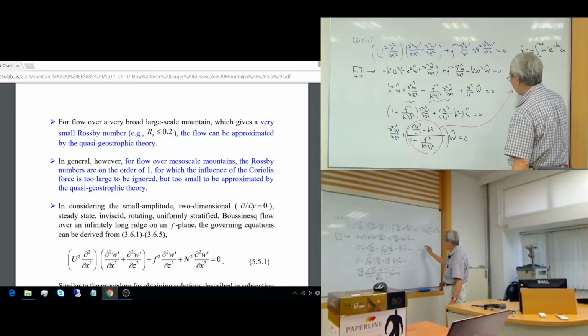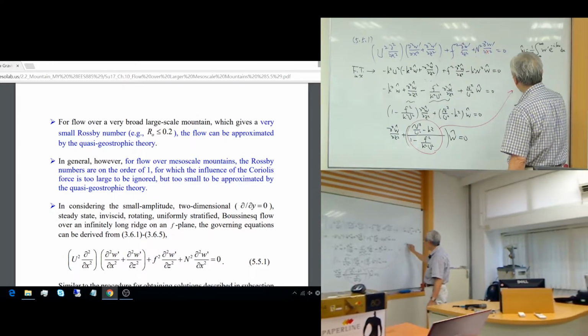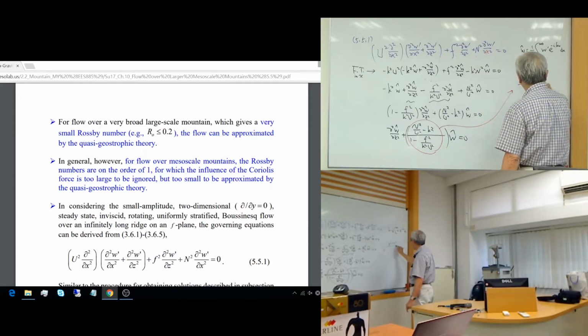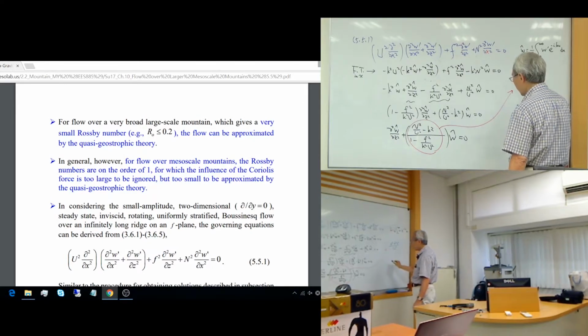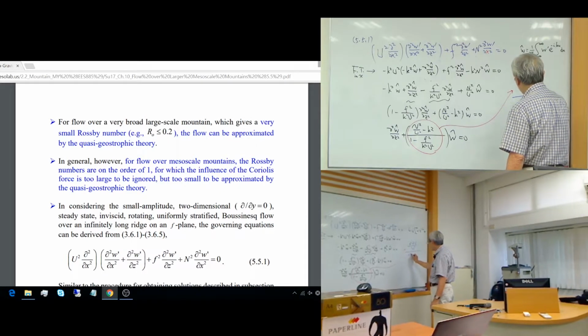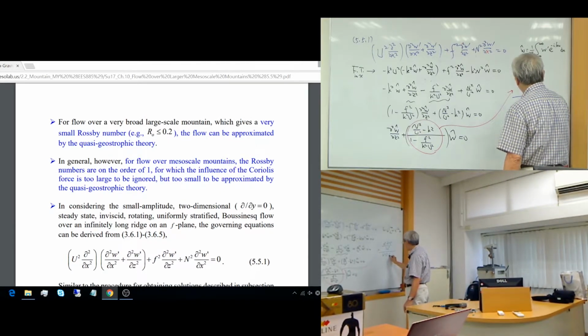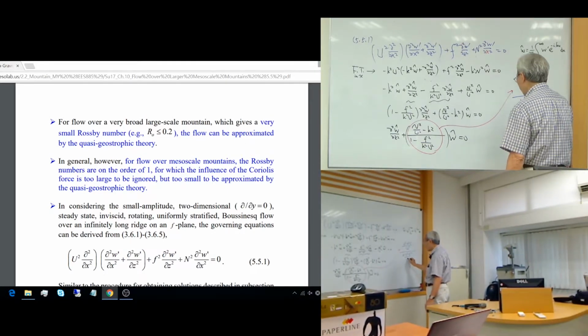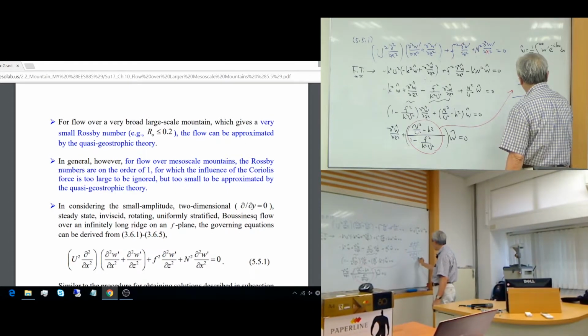So this will give us N squared minus k squared U squared divided by U squared, and then divided by k squared U squared minus f squared, divided by k squared U squared.